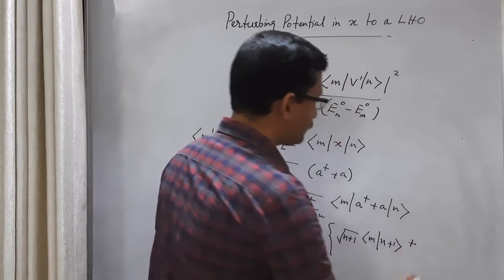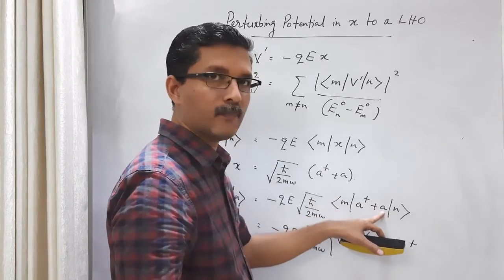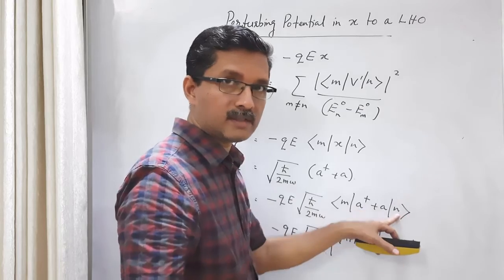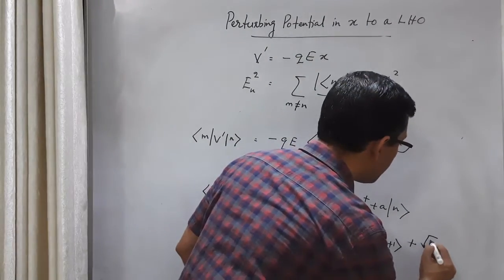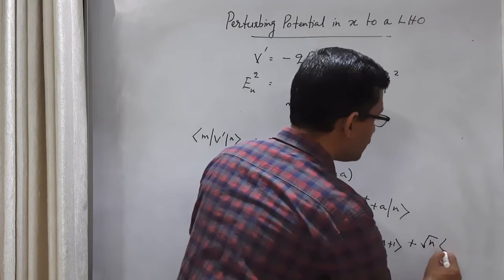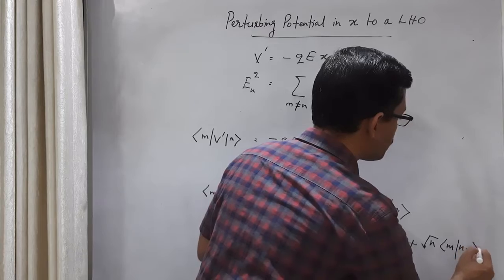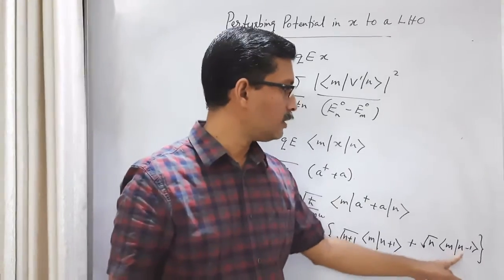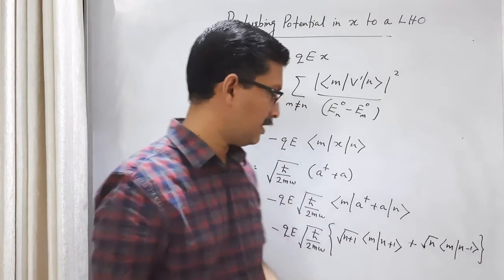And the second term, consider the bra vector and operator a acting on n. What happens when operator a acts on n? You go to ket n minus 1 with a coefficient root n. So we have root n, this bra vector m is there, and when a acts on ket n, you have ket n minus 1. Here also, since m is not equal to n, there is a possibility that m can be equal to n minus 1.